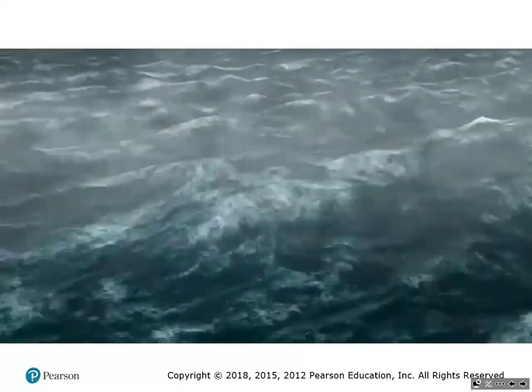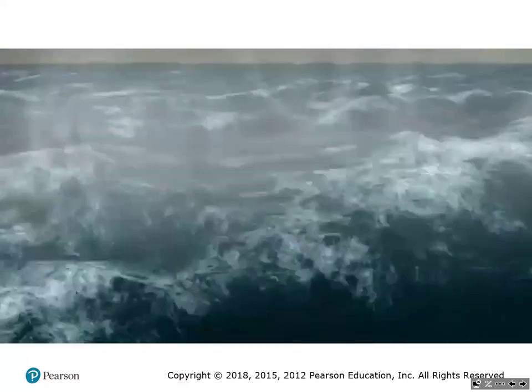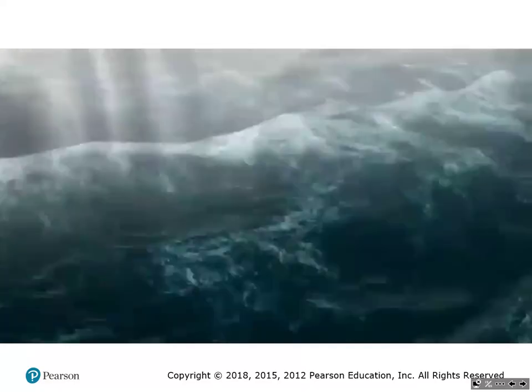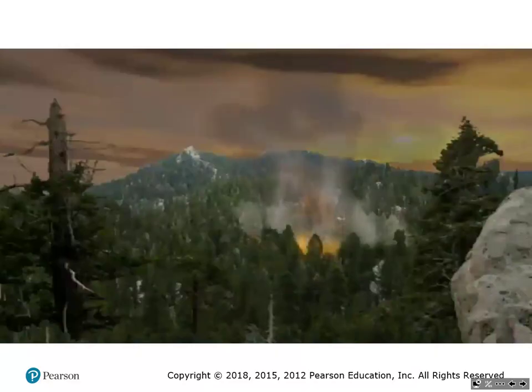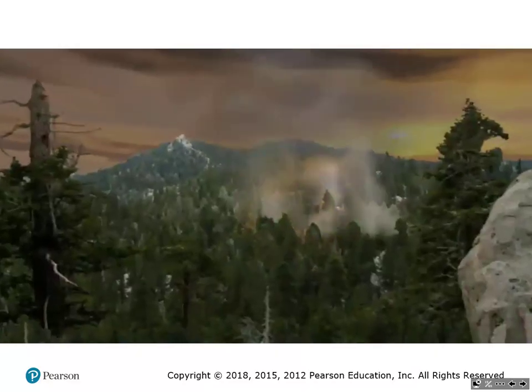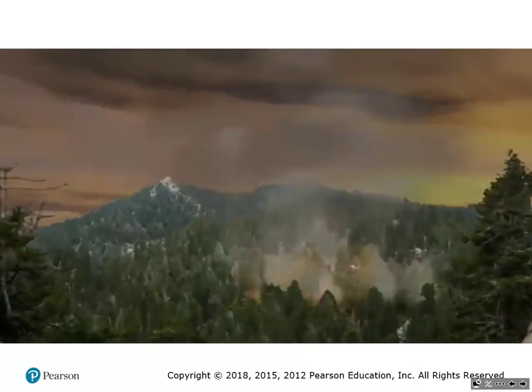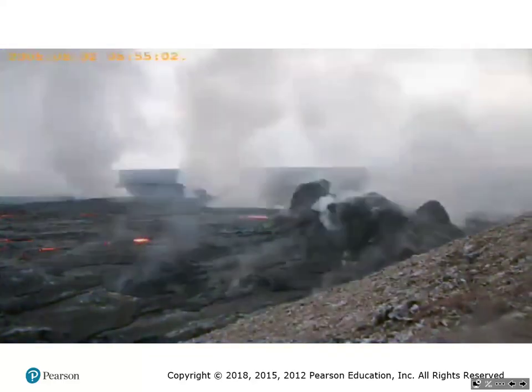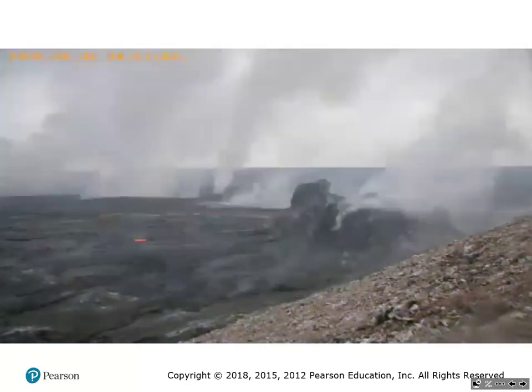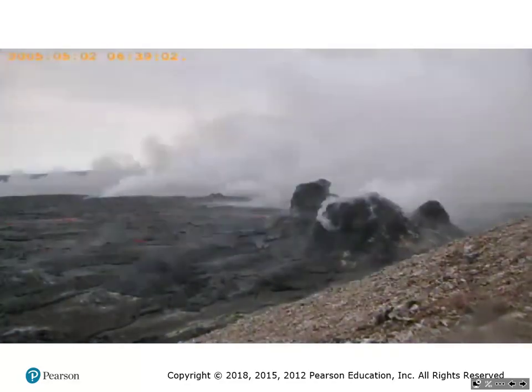Sea salt particles are produced when ocean waves break. They produce a lot of tiny salt particles. Essentially all kinds of fires produce aerosols. Volcanoes throw out a lot of volcanic ash, and those are also natural aerosols.